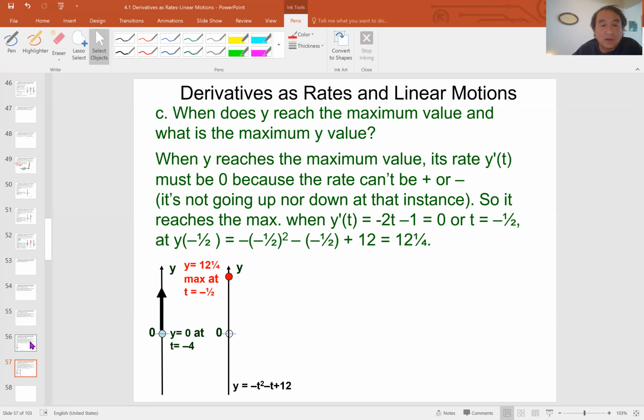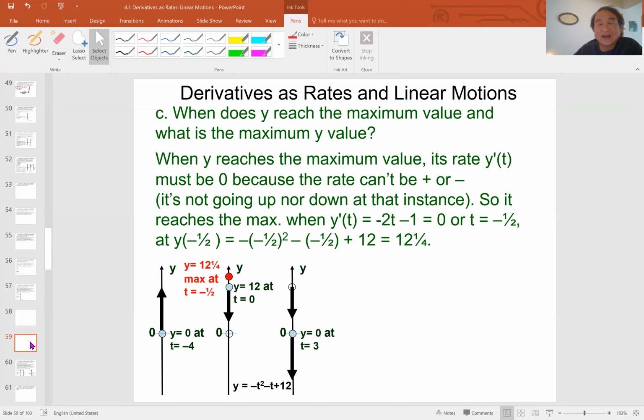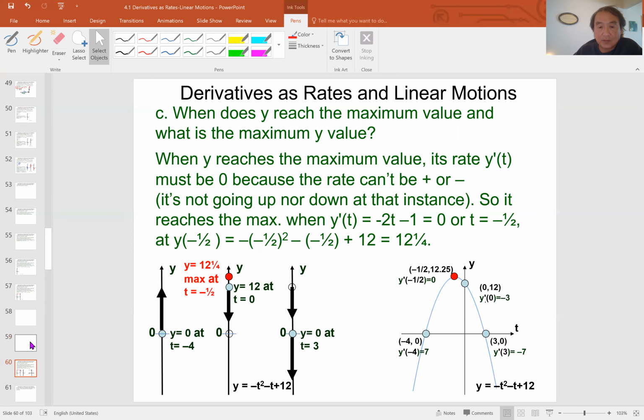The point goes from t equal to -4 up to the high point at 12 1/4, and comes back down at time 0. It crosses the point 12. Then it keeps going. At 3 seconds, it goes through the point 0, and then it keeps going south.